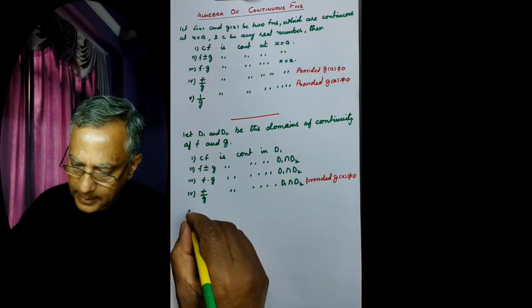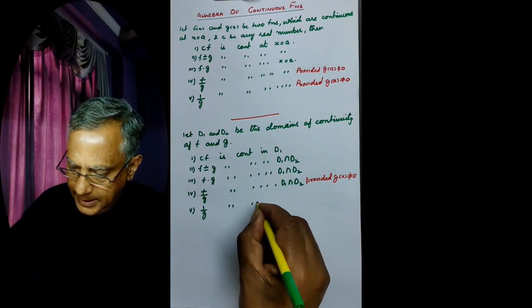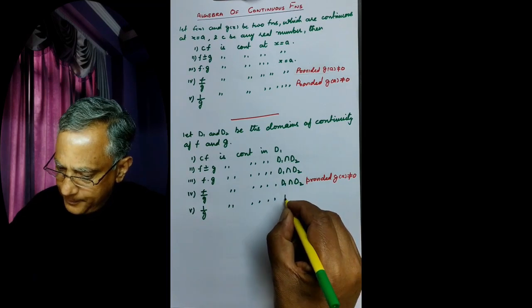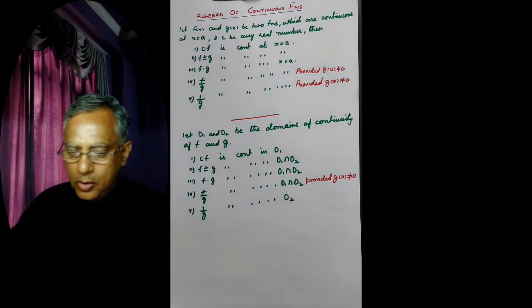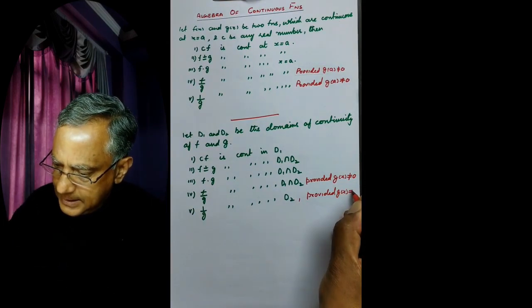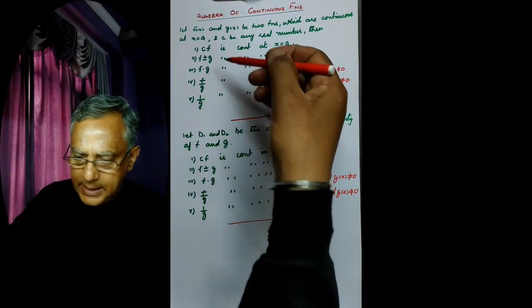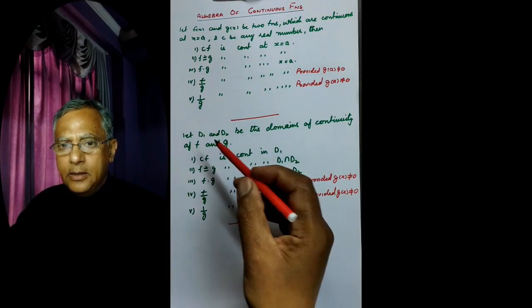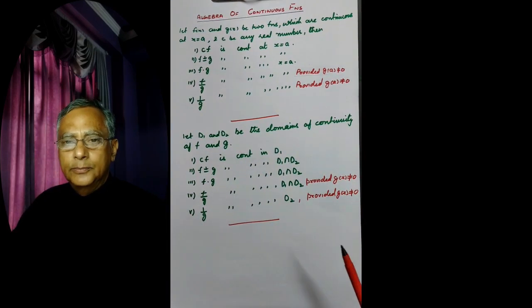And fifth, 1 upon g is continuous in D2, the domain of g, provided g of x is not equal to 0. So this concept can be extended to the domains of continuity in this manner.